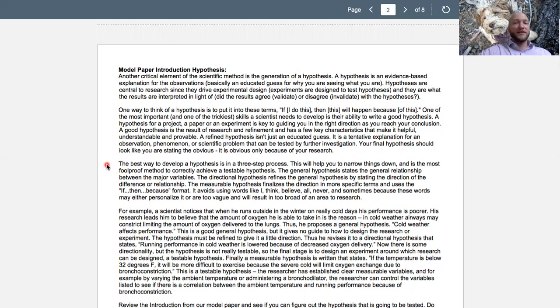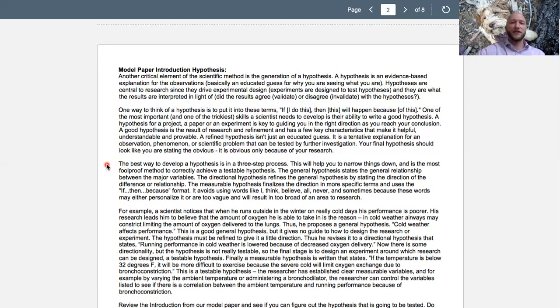If I season my steak tonight, then it will taste better because salt will make the flavor of the steak appear better. I don't know. So basically, this form will help you write a rock solid hypothesis.